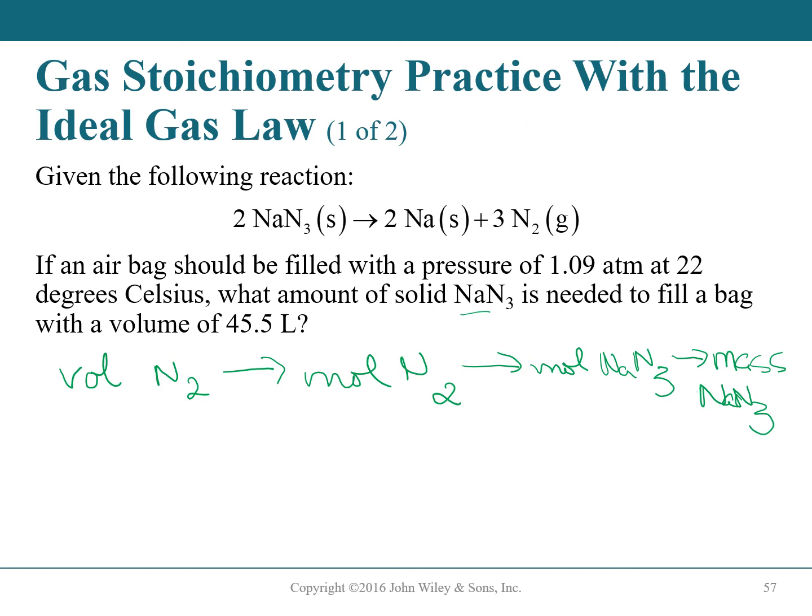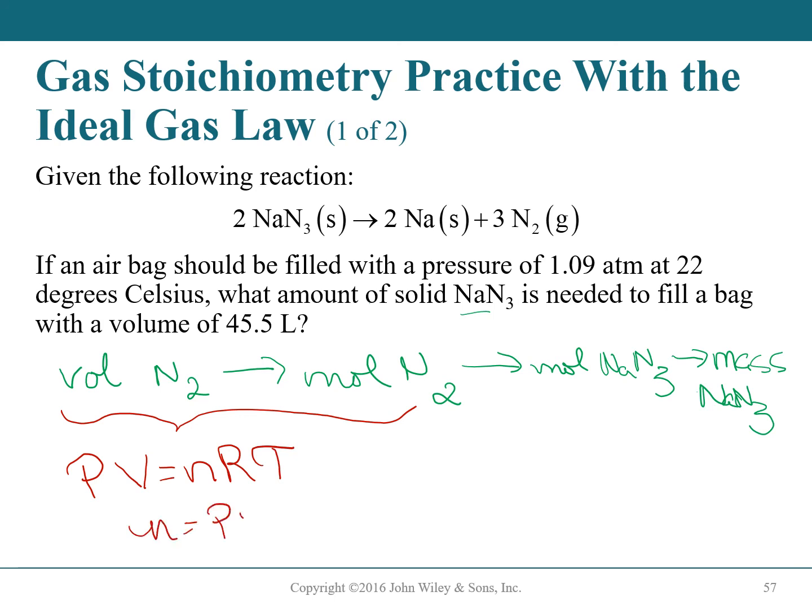Okay, so the first part is going from volume here to moles of nitrogen. So we know, since it's a gas, PV is equal to nRT, and what we're looking for is n. So n, divide both sides by RT, PV over RT. Okay, so P is equal to 1.09 atmospheres.